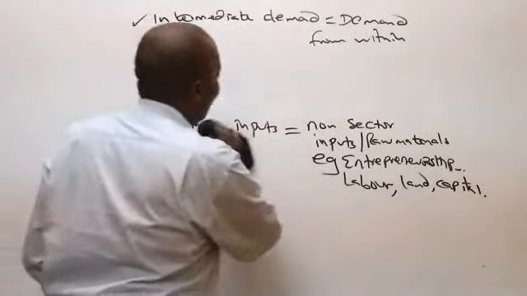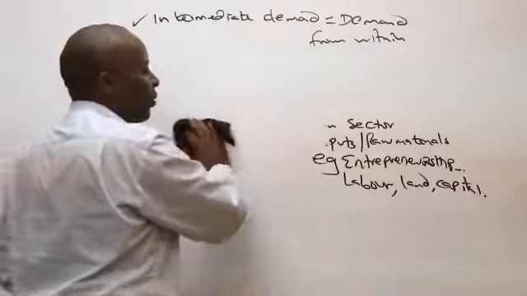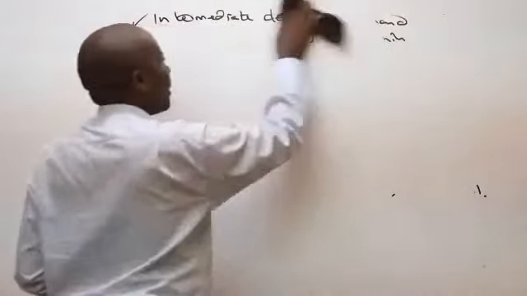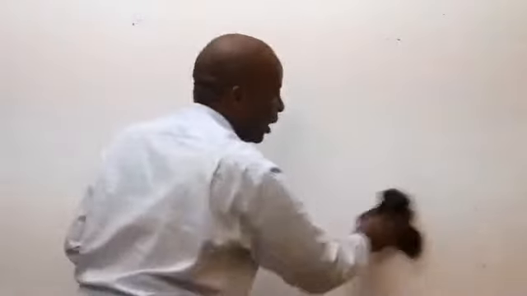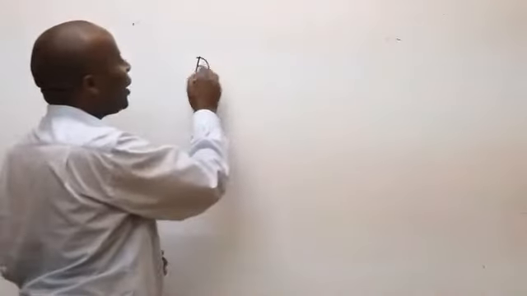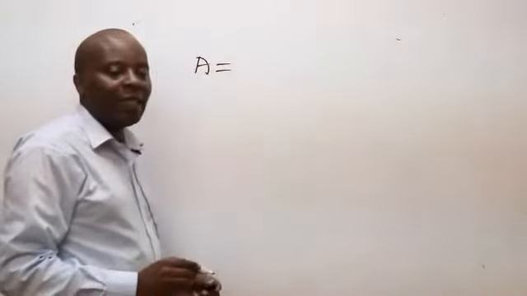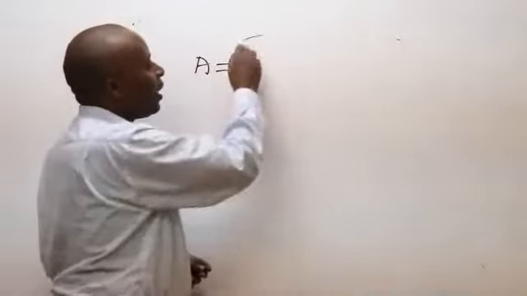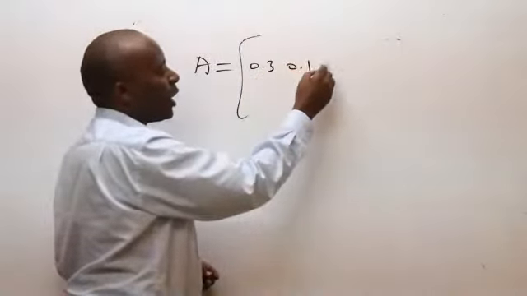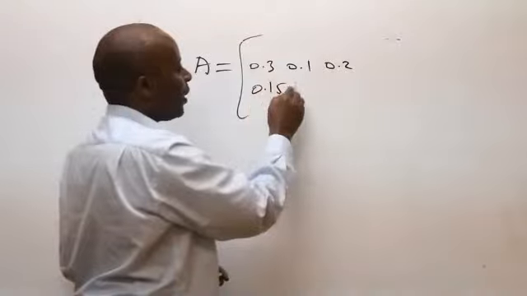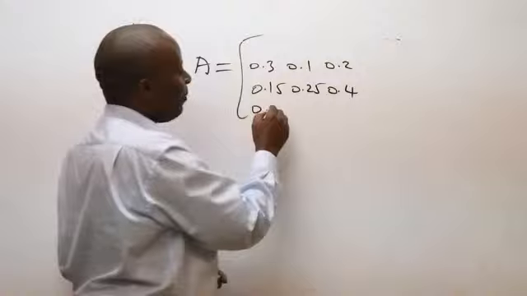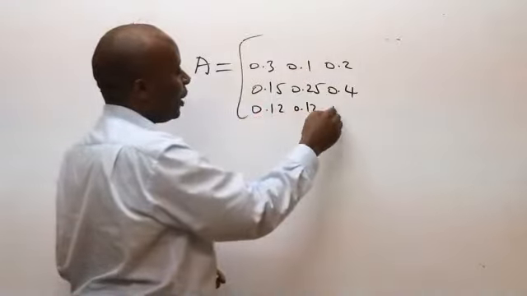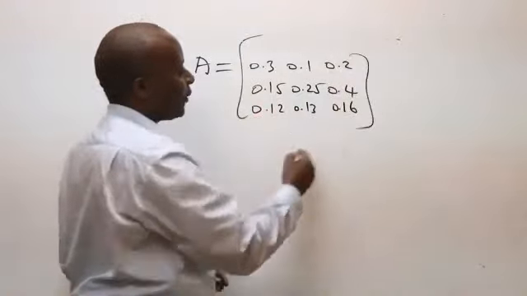If I was to be given a chance to set this exam of yours of August 30th, I'll come and give you a three sector thing. I'll give you an A matrix like 0.3, 0.1, maybe 0.2, 0.15, maybe 0.25, maybe 0.4, and so on.